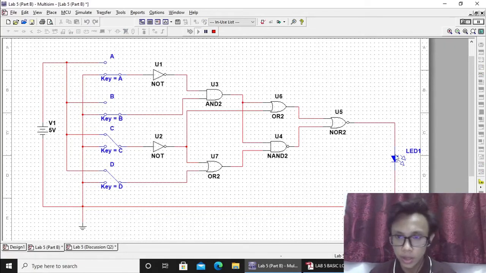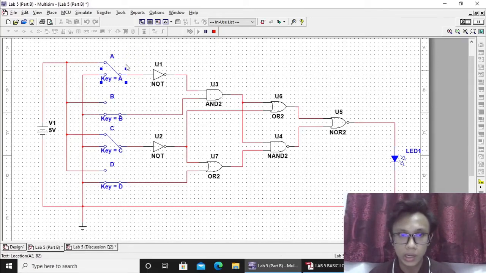The LED does not light up, so we can say the output is also 0. Then for the third simulation, we are going to use the input of 1, 0, 1, 0. And as we can see, the LED also does not light up, and we can say that the output is 0.